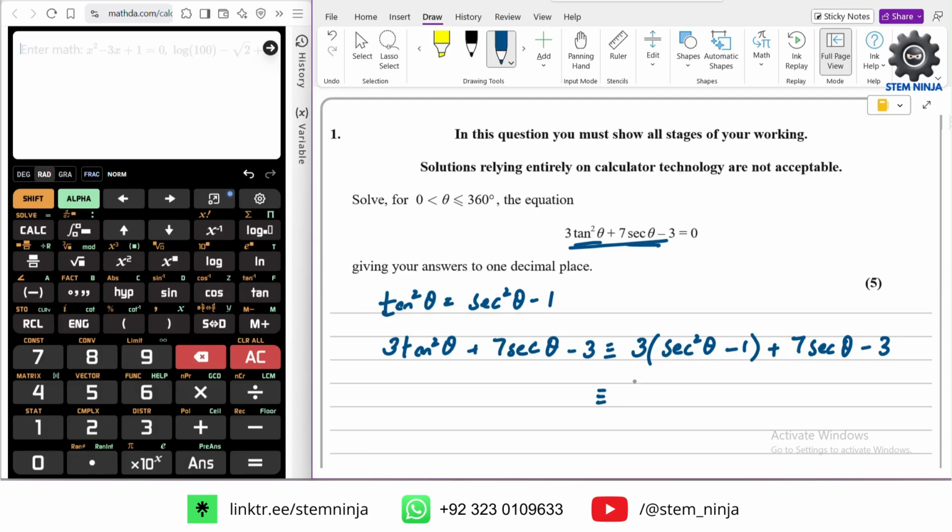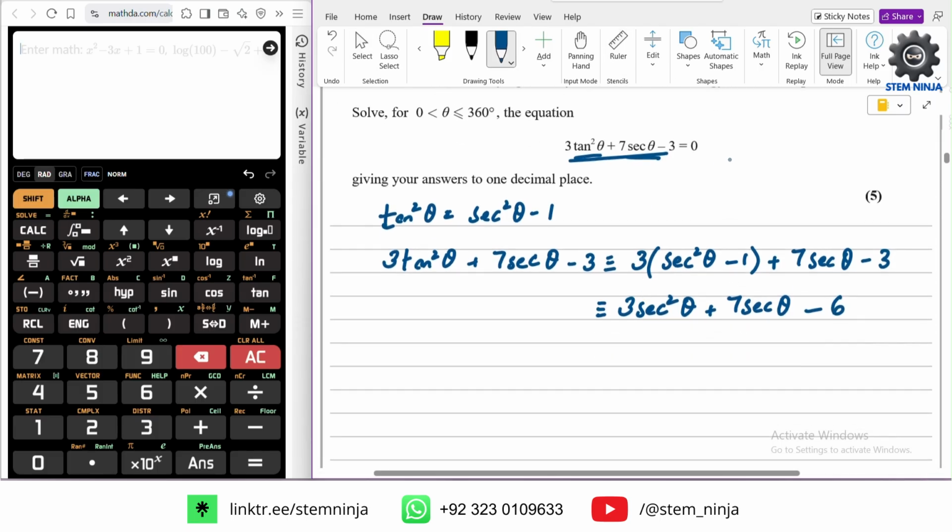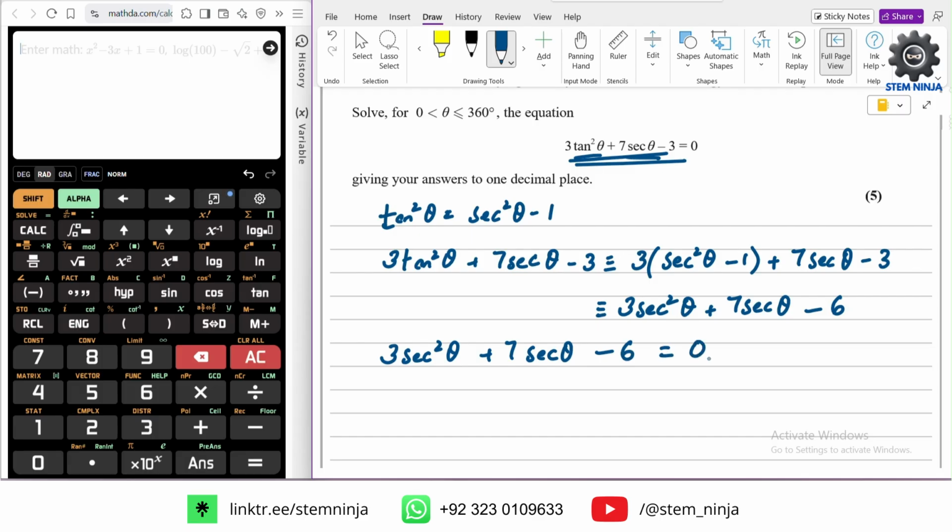So 3 secant squared theta plus 7 secant theta minus 3, this becomes minus 6. So when we make this equal to 0, this is identical to this being equal to 0. So 3 secant squared theta plus 7 secant theta minus 6 equal to 0.